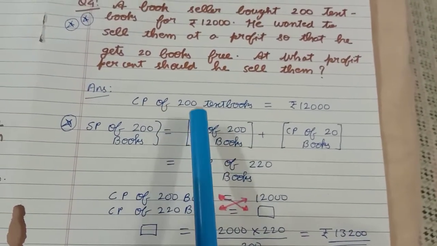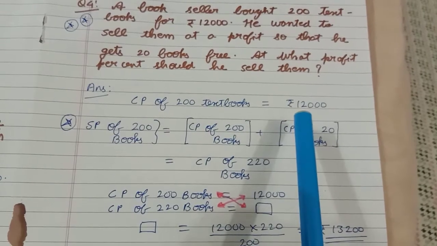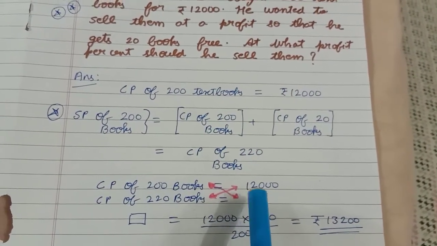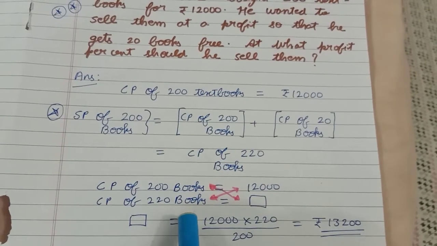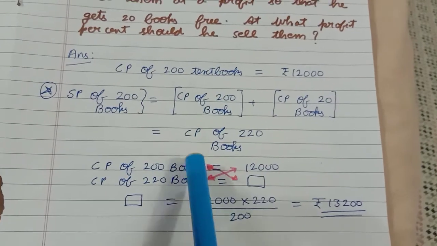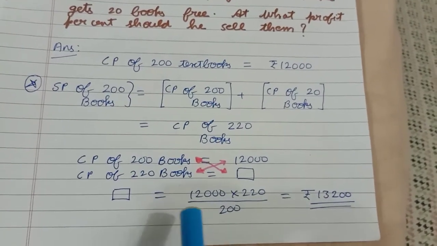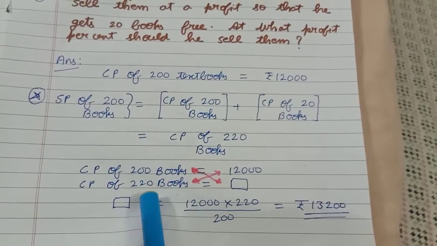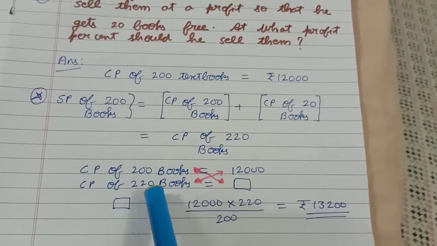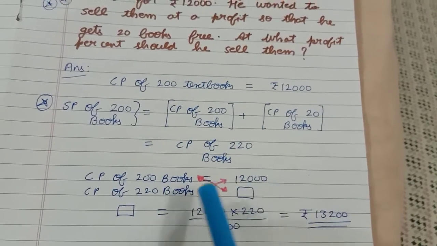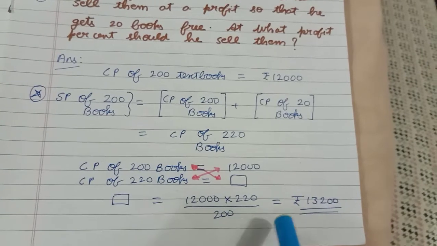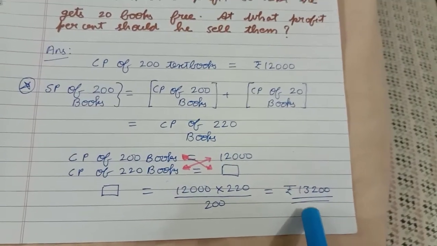See, cost price of 200 textbooks is 12,000. So cost price of 220 books is equal to an empty box. If you cross multiply, the empty box equals 220 multiplied by 12,000 divided by 200. So I got the answer 13,200.